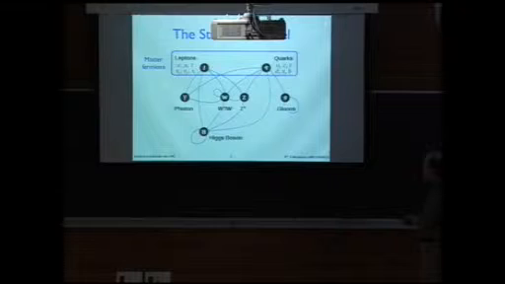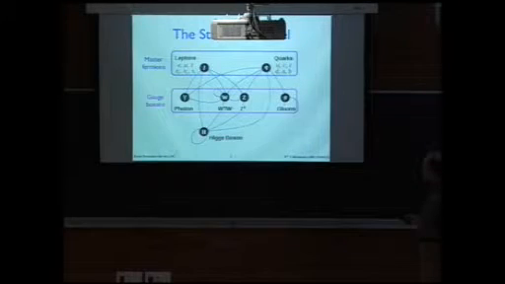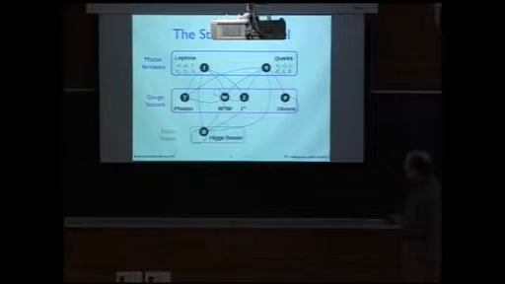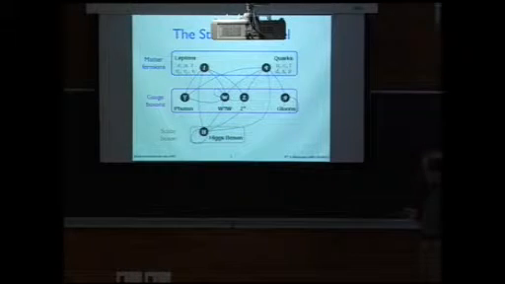So these are what you could call the matter particles. These are all fermions. And then we have the gauge bosons, the spin-1 bosons, which mediate the interactions. And then we have the scalar boson here, which gives mass to the other objects in the standard model.